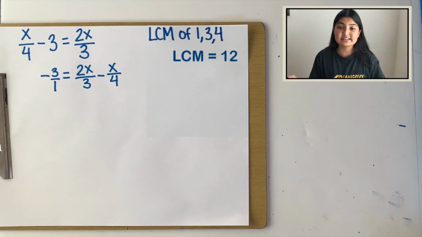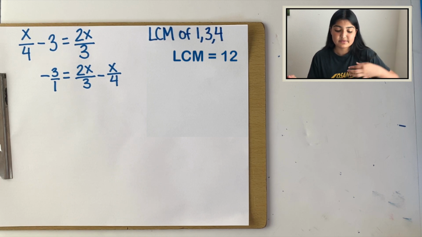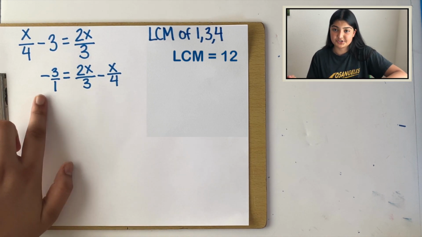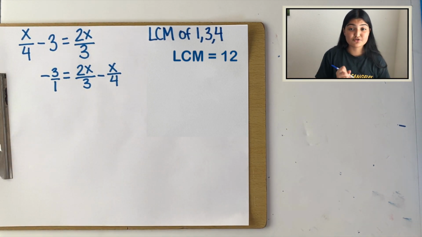Now that we found the least common multiple, let's multiply it to the entire equation. And remember to use parentheses.